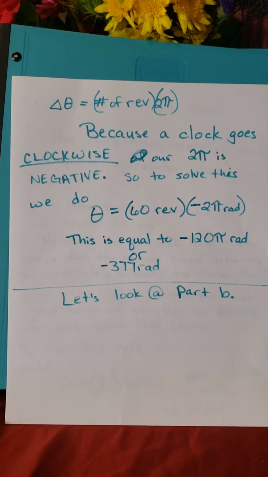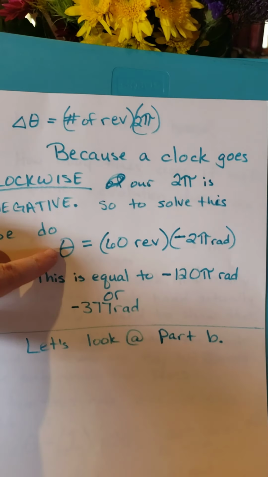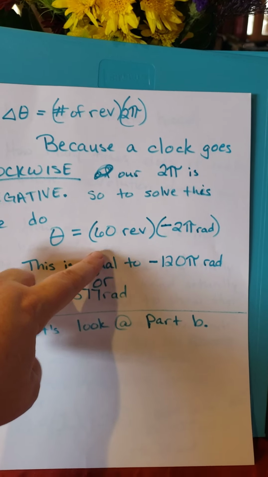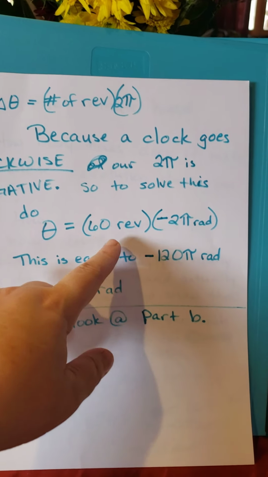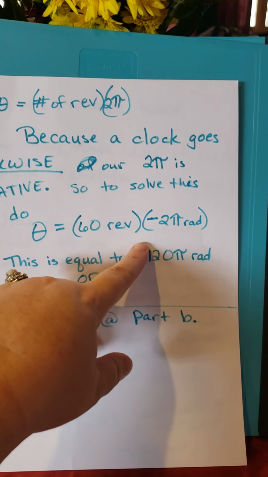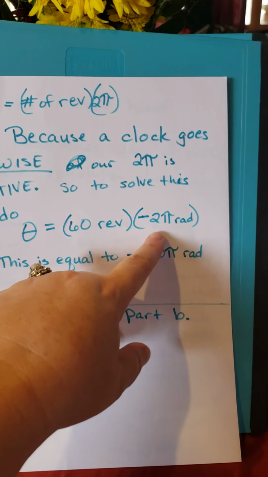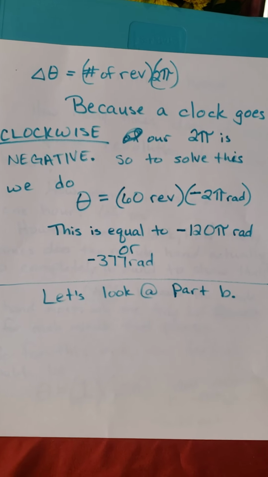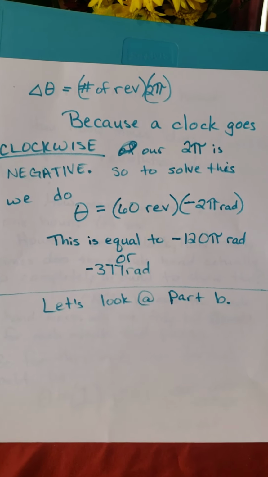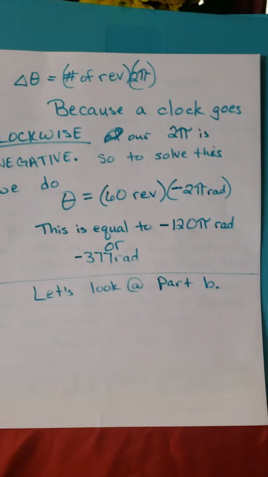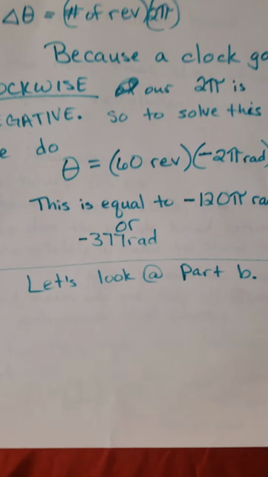So how do we solve this? We use the formula that theta is equal to the number of revolutions. The second hand goes around 60 times, so 60 revs times negative 2 pi radians. This is equal to negative 120 pi radians, and you can just drop the revolutions and replace that with radians.